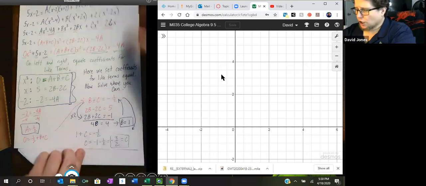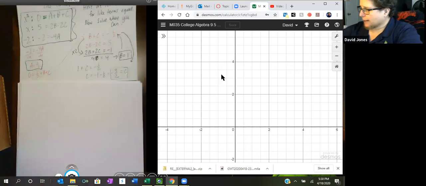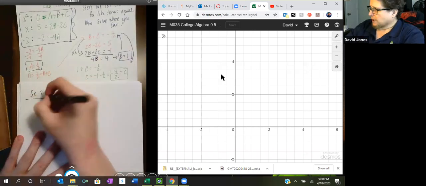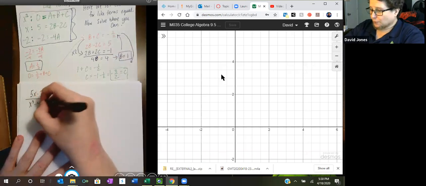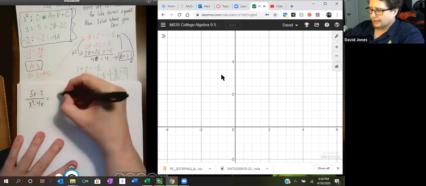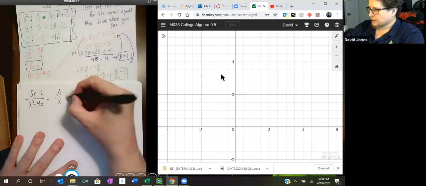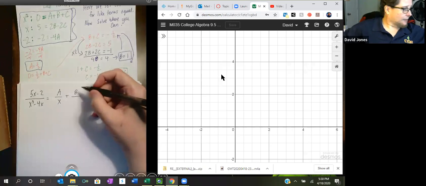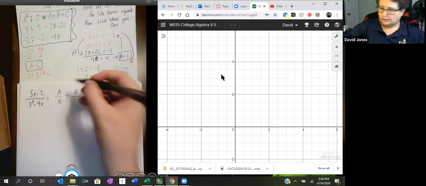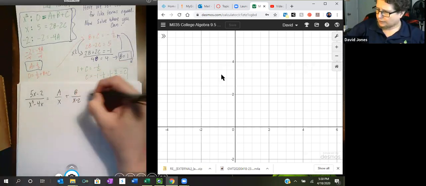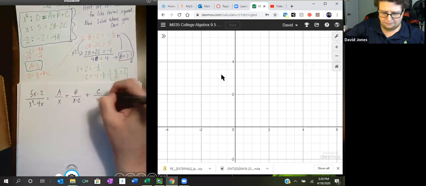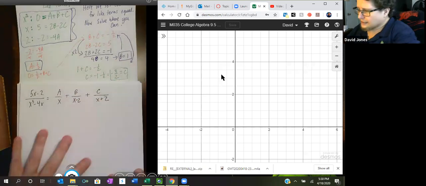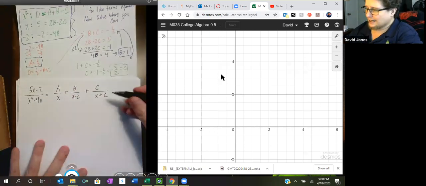Okay, so we're going to use those. Let's rewrite what we had. We had 5x minus 2 over x cubed minus 4x equaled A over x plus B over, which one did I have? X minus 2 plus C over x plus 2. And now we plug in our values for A.